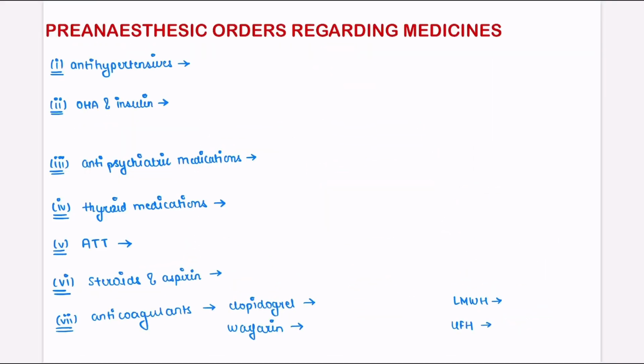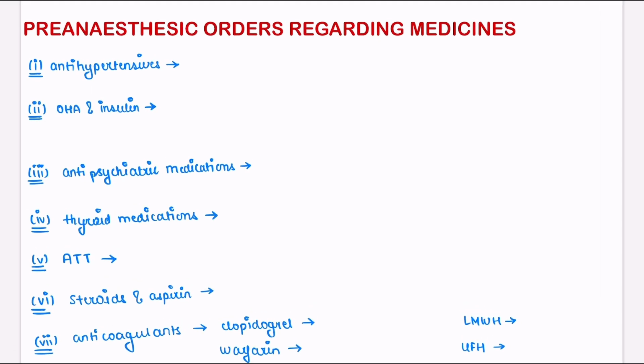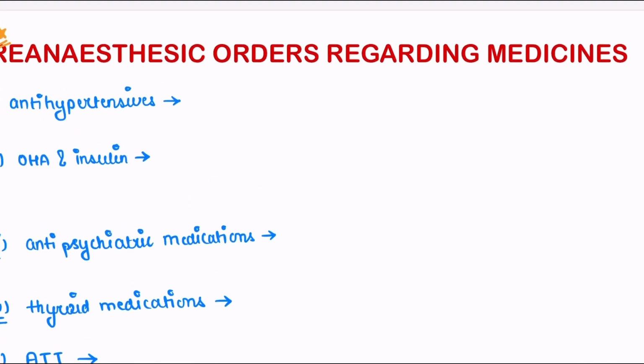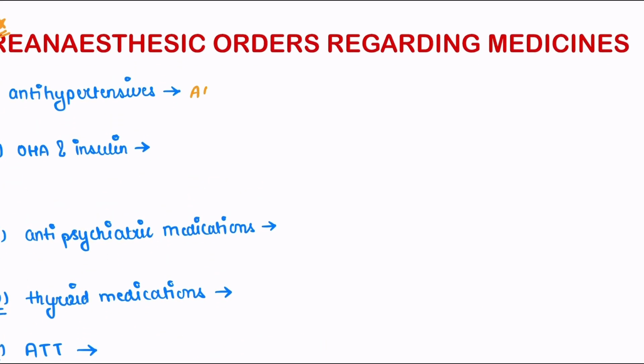For pre-anesthetic audits, this topic is very important regarding antihypertensives, the ACE inhibitors and ARBs are omitted on the day of surgery. Rest all are continued.